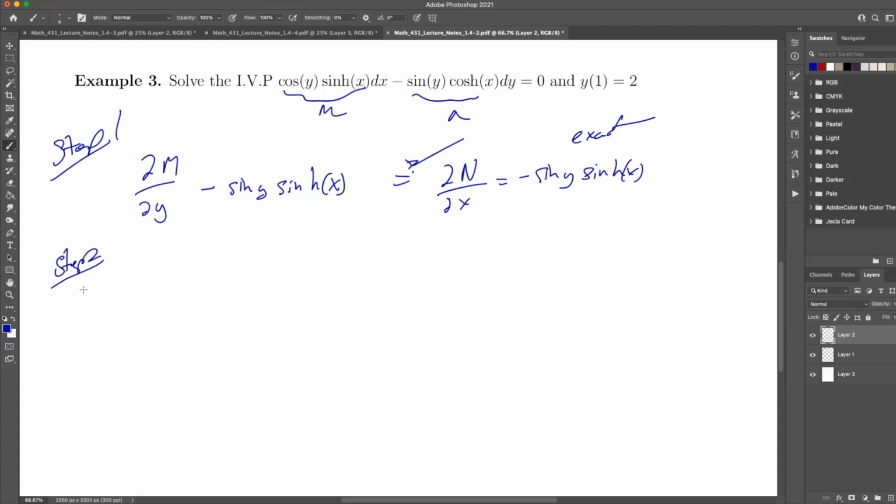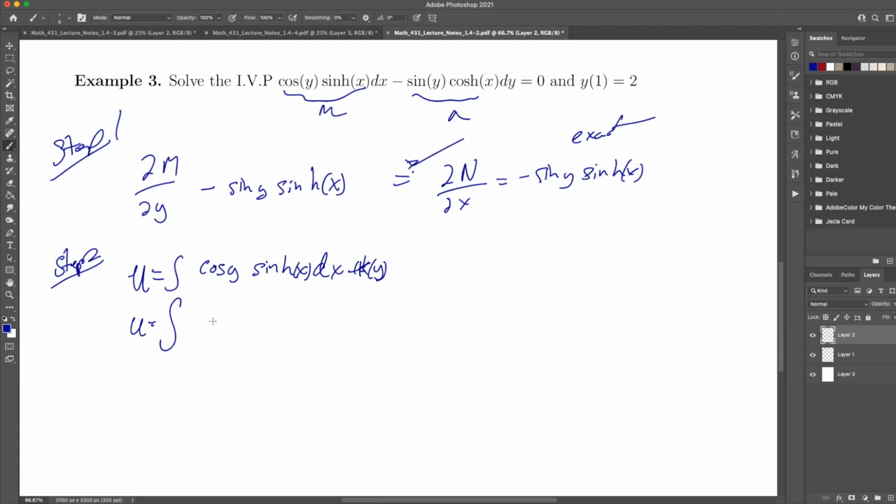So step 2, we're going to do the following. We take u equal to the integral of M. So our M here is cosine y times hyperbolic sine of x dx plus some unknown function of y.